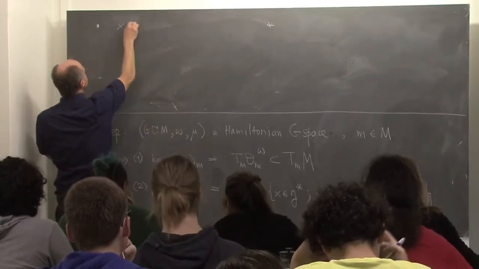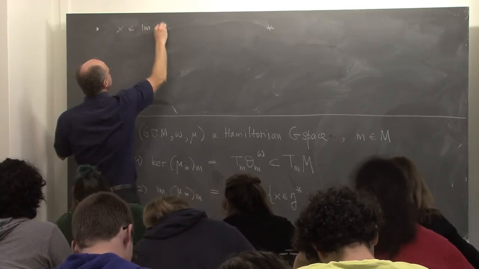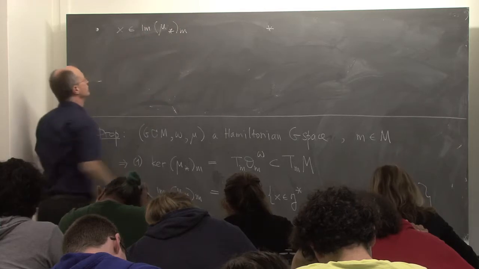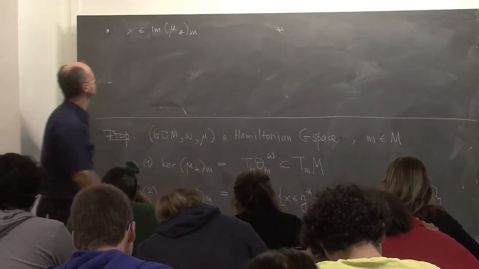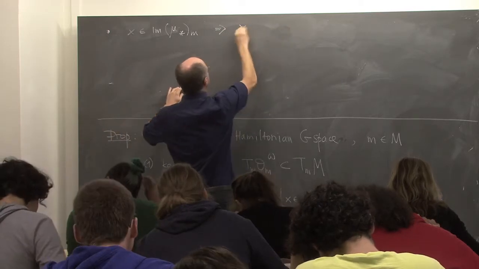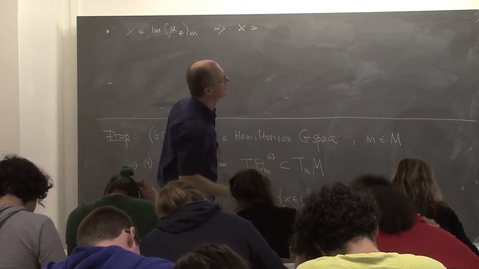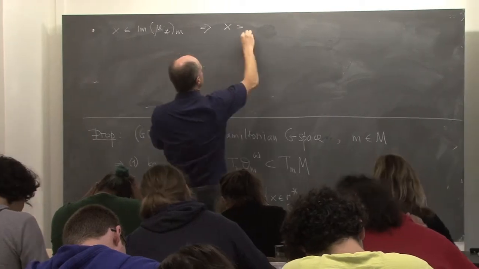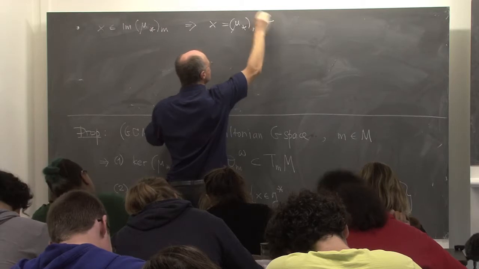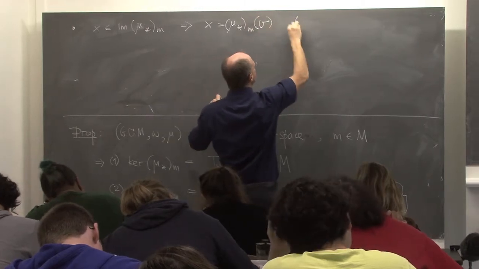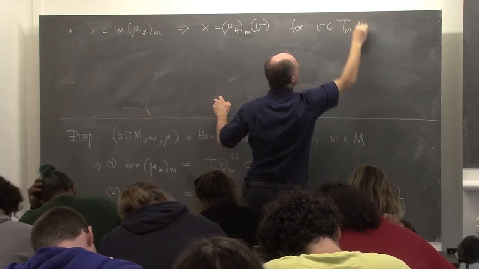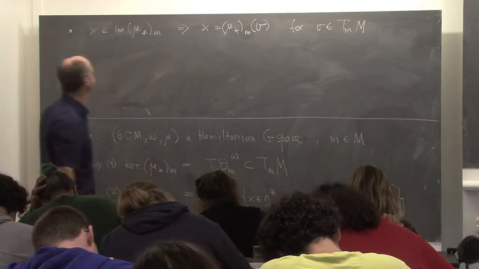Suppose that X is in the image of mu_m star. So this means that X is equal to mu_m star of v for some v in the tangent space.